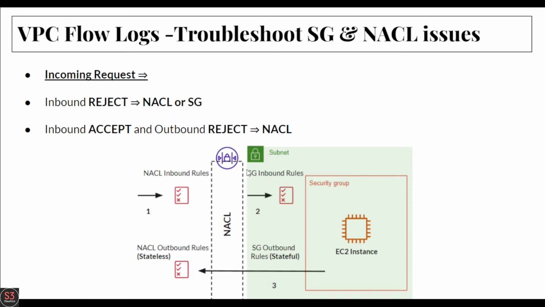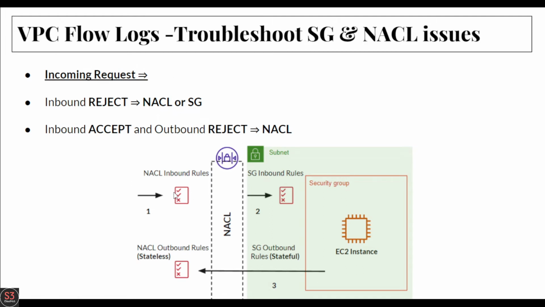First of all, this is the image of the incoming request of our network ACL and the security groups. Here we have the inbound rules defined and the outbound rules also. So first, let's see the incoming request. If in the image the inbound rule is rejected, then there is an issue with the network ACL or the security group.